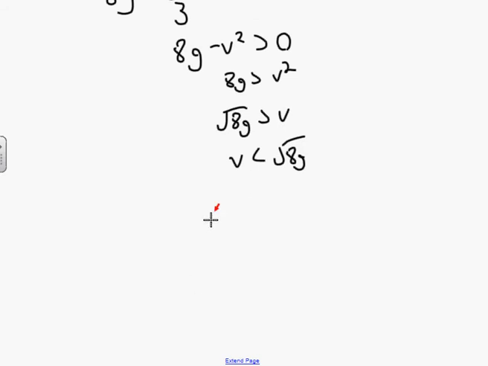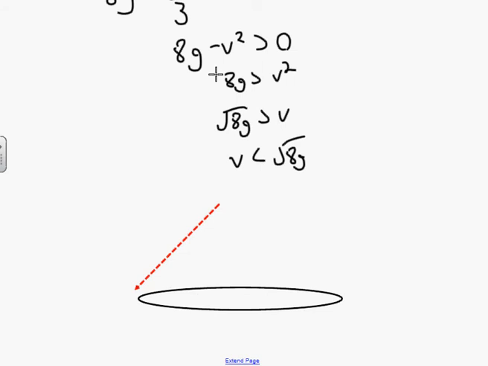So we know that we have our fixed point here, and we have a circle that it's undergone the motion in. So the table is completely out of consideration right now. And our old figures don't really hold true anymore, do they?